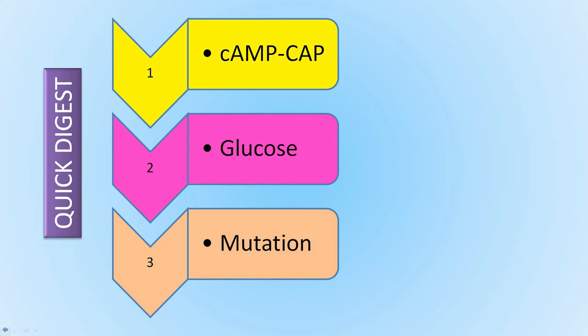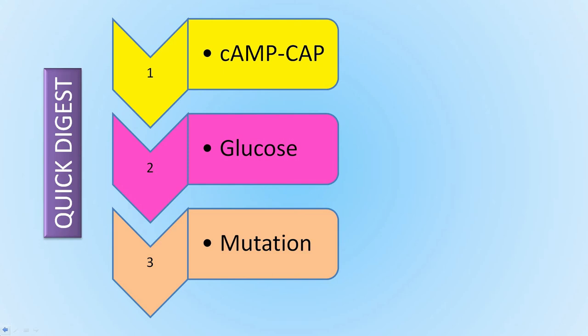Means CAP is present, cyclic AMP is present, and the lactose is also present. Whereas in case of constitutive mutation, the operon remains turned on even if the allolactose is absent.